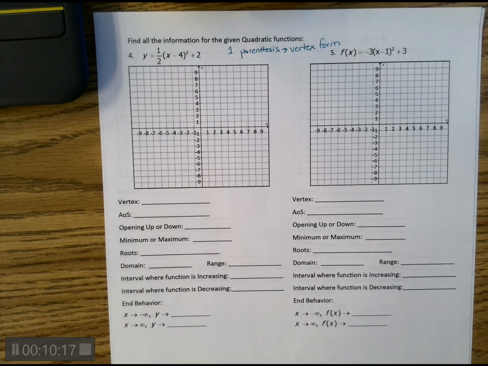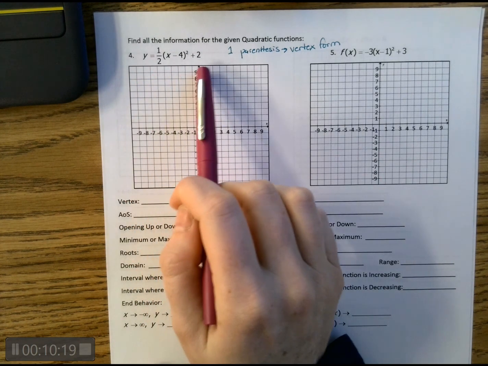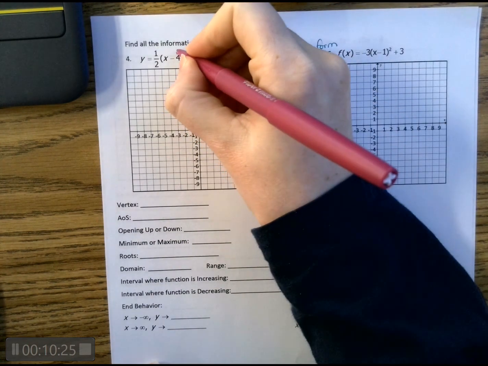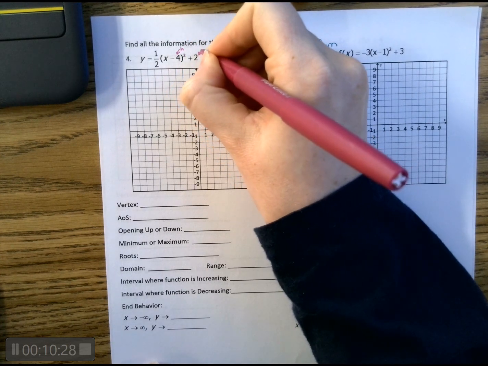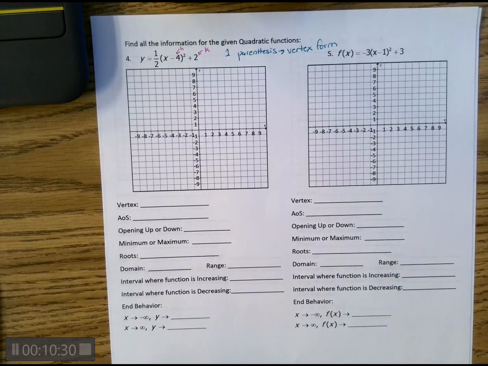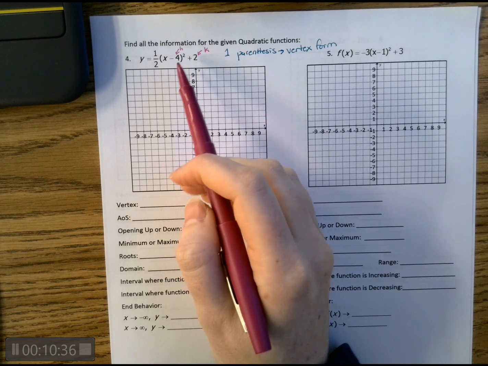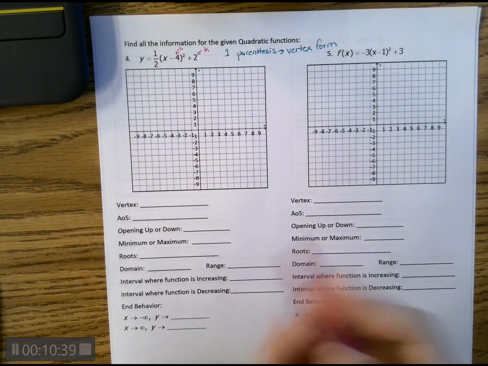Alrighty. So the great thing about vertex form is that inside our equation, it automatically tells us what our vertex is. So if we remember our form, this is our H and this is our K. Alright, but the tricky thing is that our H lies.